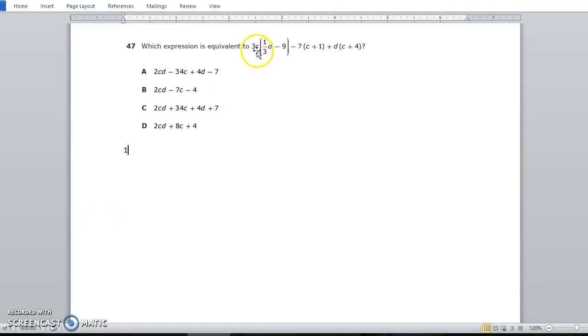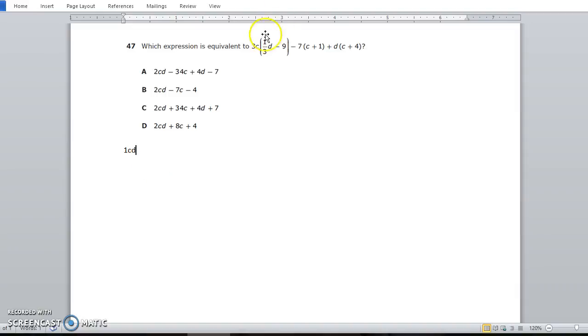And then c times d gives me cd. So 1 cd. And by the way, by this point you should have seen that in the calculator you can do 3 times parentheses 1 over 3, and that would get you the 1.